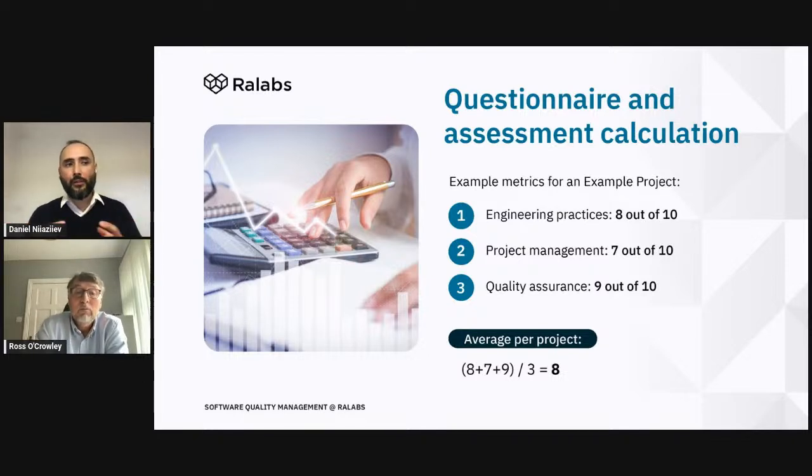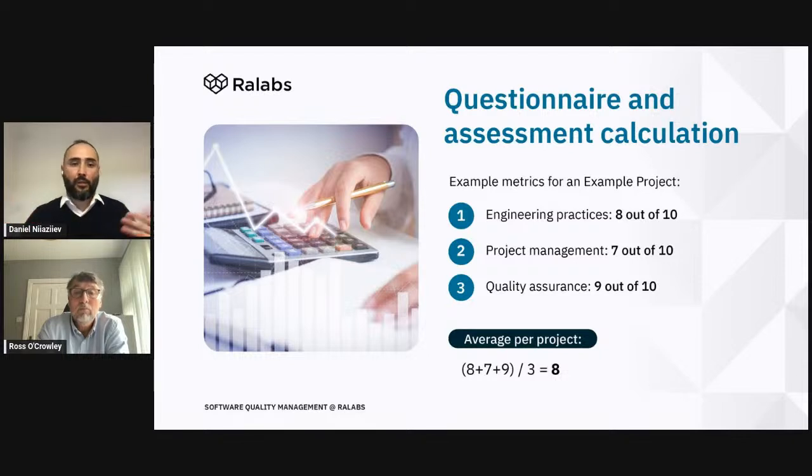Depending on the project, here on the screen we have a sample of a very simple example project where we only need to understand our scores for engineering practices, for project management, for quality assurance. You can see the math, it's pretty simple. We have 8 out of 10 for engineering practices, 7 out of 10 for PM, 9 out of 10 for QA, and we can calculate the average here. So it's 8 out of 10 for this project.